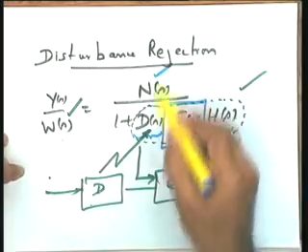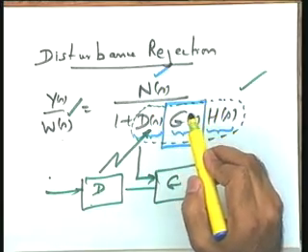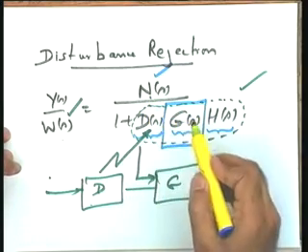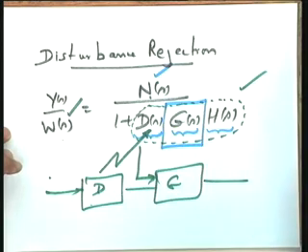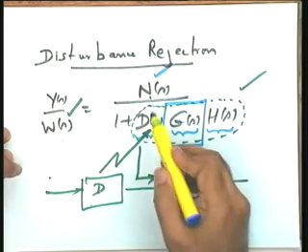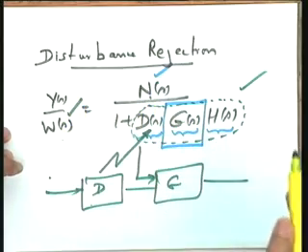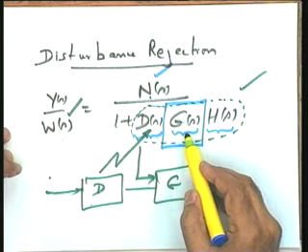What is N(s) after all? N(s) is the transfer function between the disturbance and the plant output. So naturally N(s) is a function of G(s). You recall so many models we have derived for the disturbance models. In many systems we have derived, and we have seen that N(s), the disturbance link between the plant output and the disturbance W, is a function of G(s).